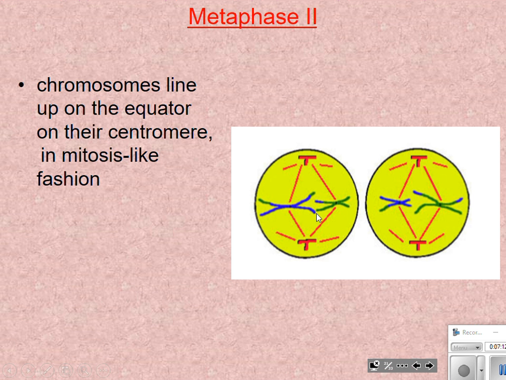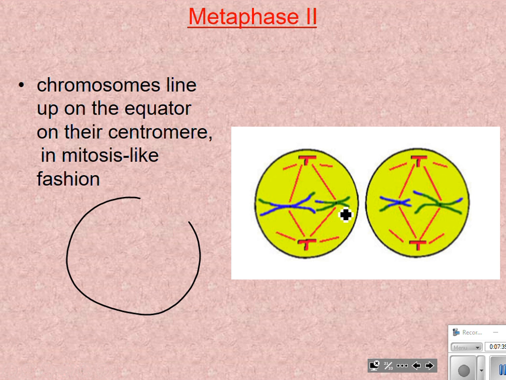Here, right here are two sister chromatids. Here are two more sister chromatids. They are lined up, but now the sisters are going to end up splitting, more in a mitosis-like fashion.